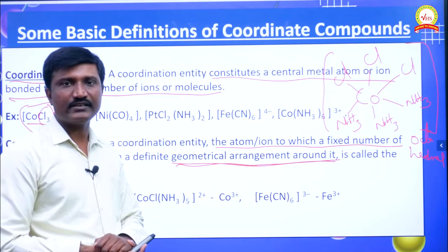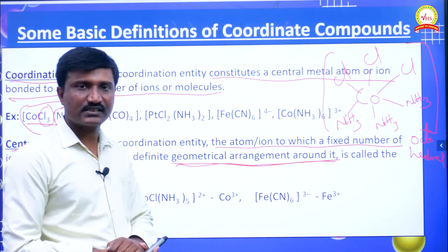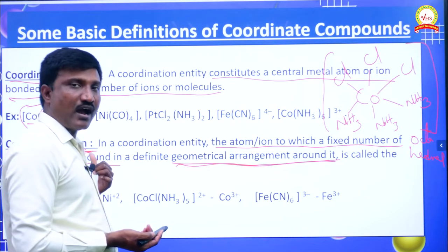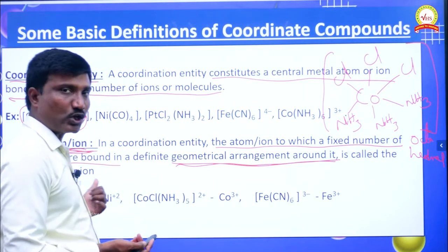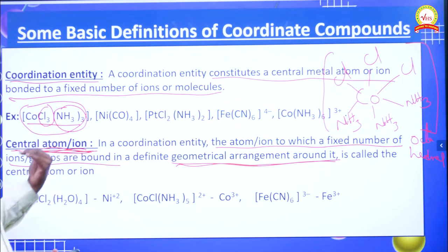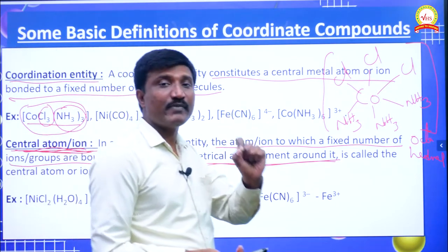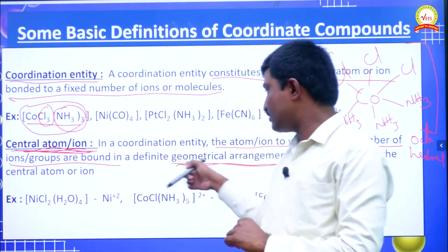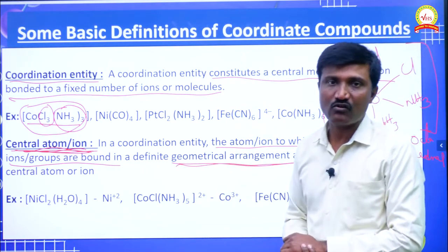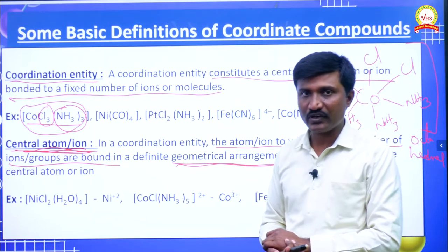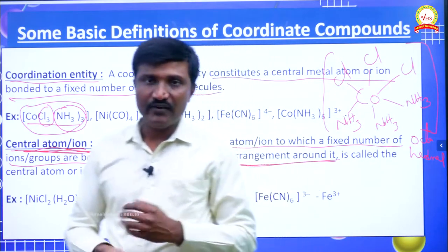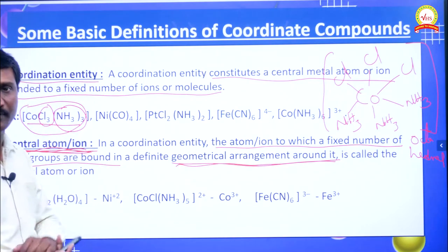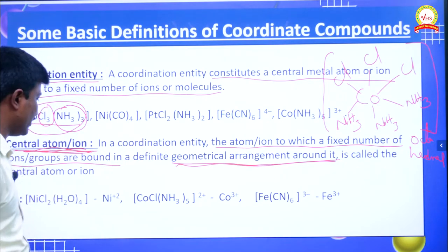So when negative ions, neutral molecules or groups bind to the central metal atom, they bind in specific directions, which gives a specific geometry to the complex compound. Now we will see which structure is possible for which type of molecules, in these definitions only.